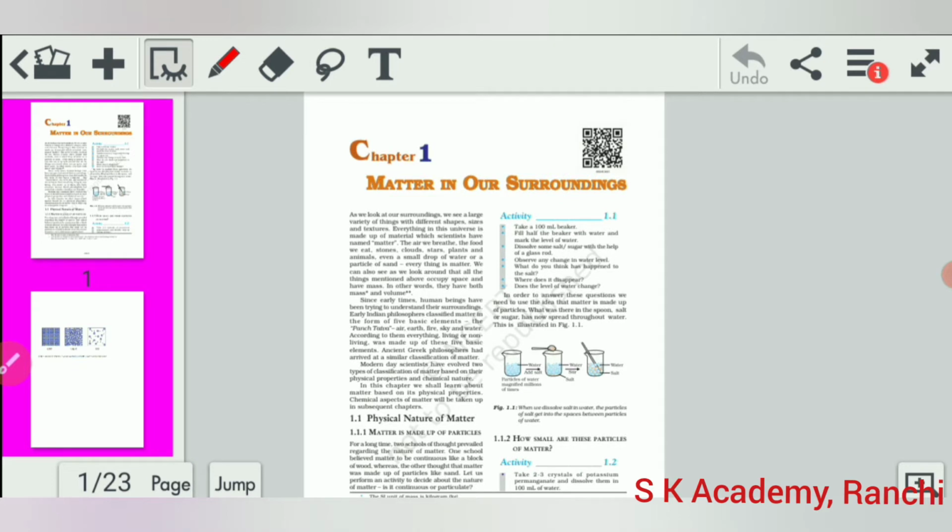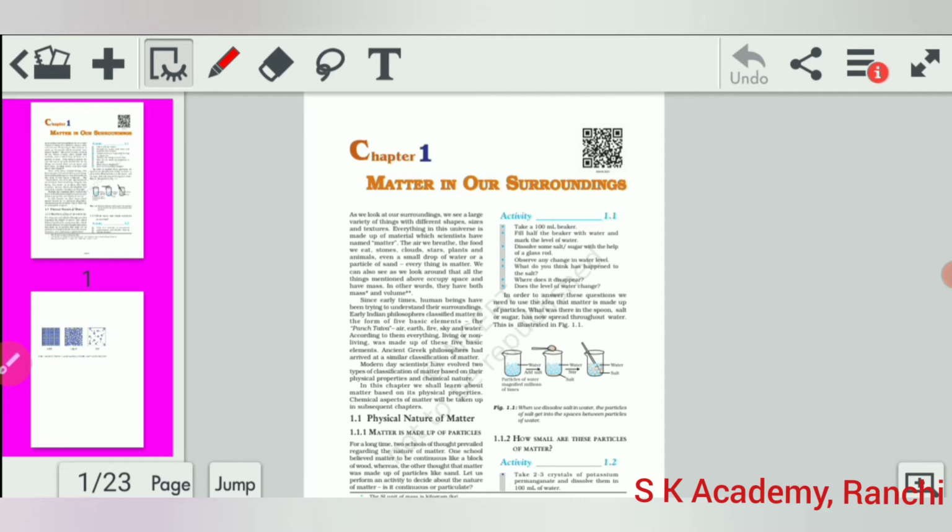Then after there is a description about states of matter. So what are the three different states of matter and how do they change from one state to another state?